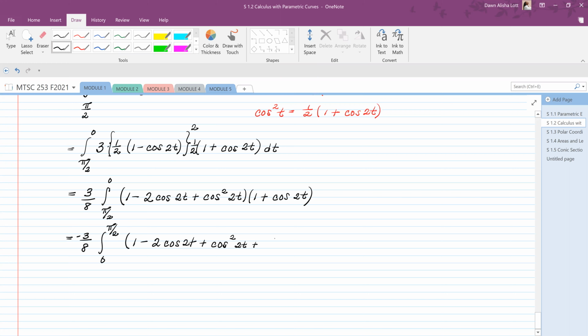And then I'm going to get a cosine 2t, a minus 2 cosine squared 2t, and then a cosine cubed of 2t dt.